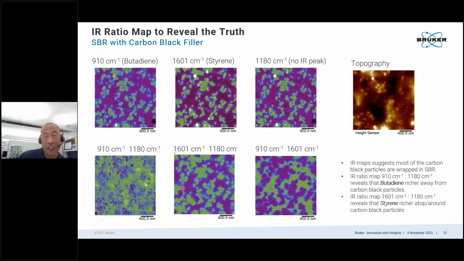Similarly, but on the opposite, over those carbon blacks we see stronger styrene signals. Now, if we do a ratio map of butadiene versus styrene, we get the picture down here. Over the carbon black particles you have a weaker signal, so the butadiene ratio is lower, and away from there the styrene ratio is higher.